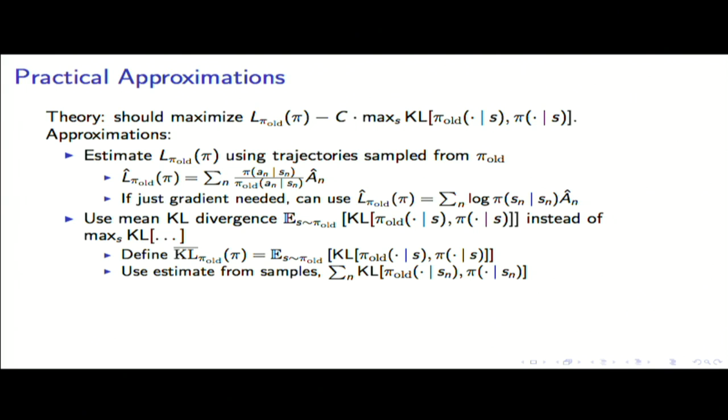So we look at all the states, at the KL divergence between the old policy and the new policy at these states, and we take that expectation. And we're going to use a sample-based estimator of this KL divergence.